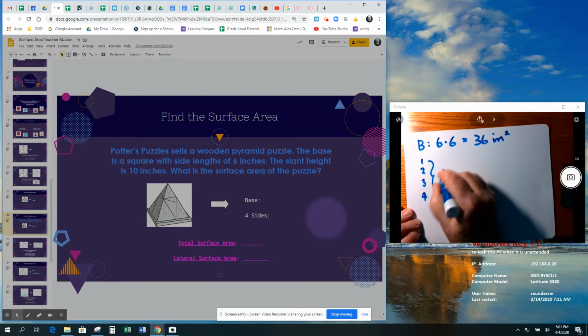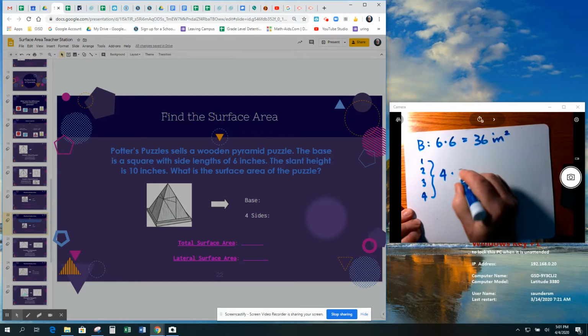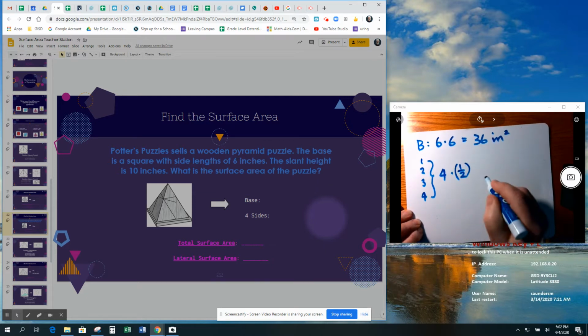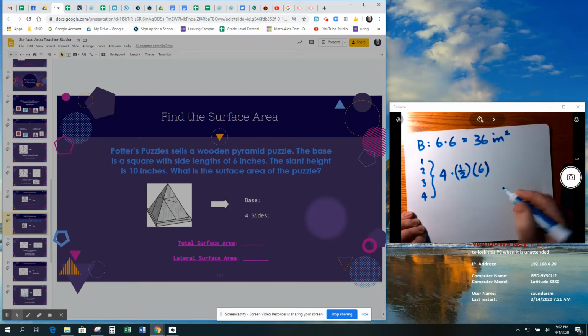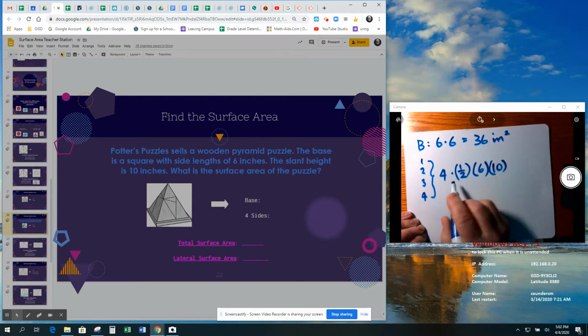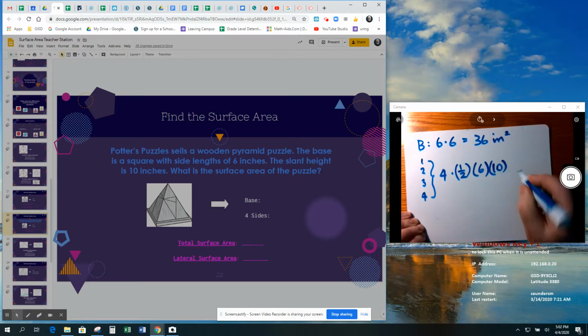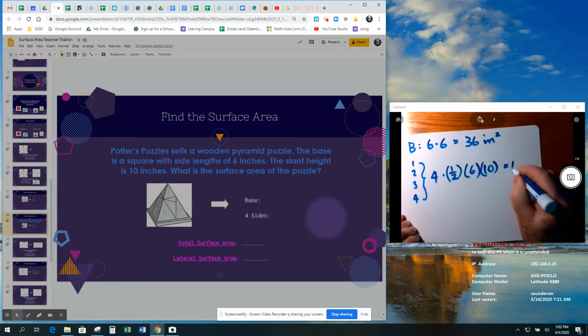And then we have 4 sides, 1, 2, 3, 4, and they're all the same. So I'm going to say 4 times 1/2 times the base of every triangular side, which is 6. And it says the slant height of the triangle is 10. So 4 times 1/2 would be 2. 2 times 6 is 12. 12 times 10 equals 120 square inches.